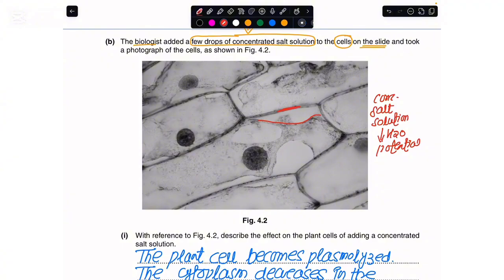When we have lower water potential on the outside of the cells, automatically the water would move out of the large vacuole of these cells and go into the surrounding concentrated salt solution. As a result, the cell membrane has pinched away from the cell wall, causing this plant cell to become plasmolyzed.